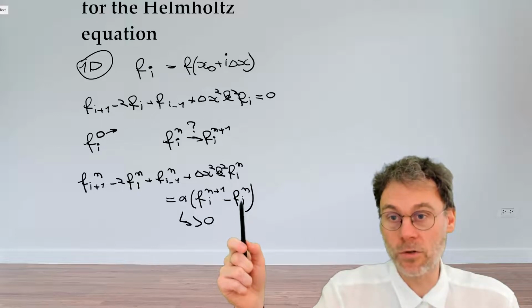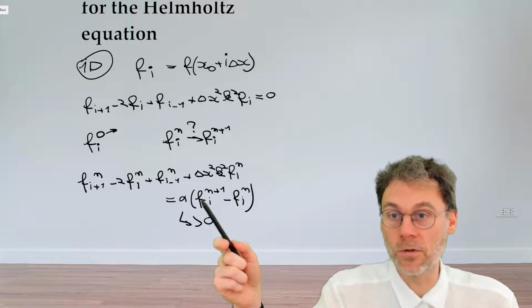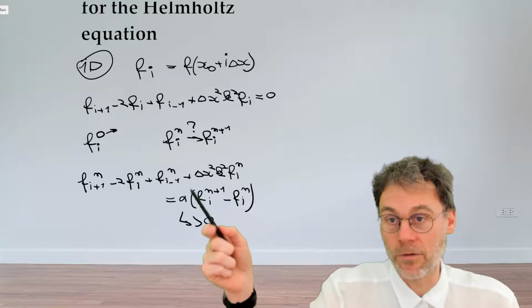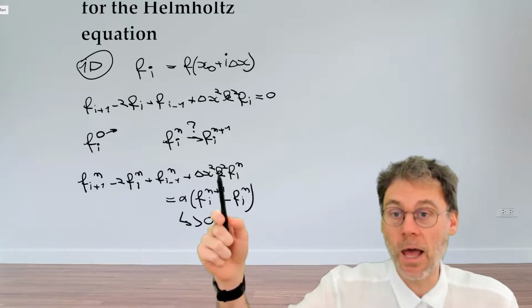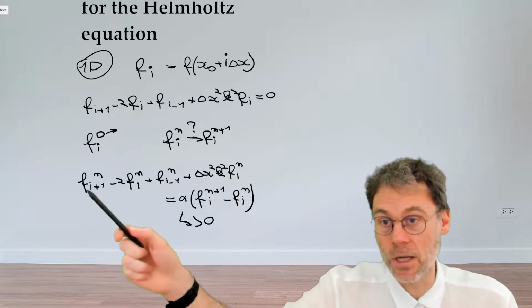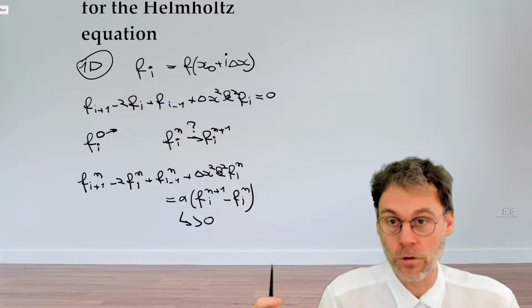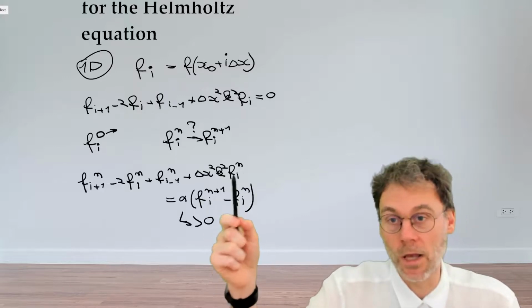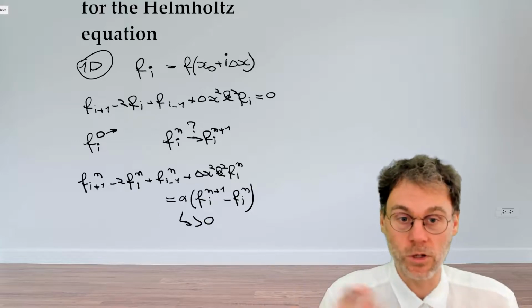If this thing doesn't really change after you do the iteration, then the difference between these two things becomes very small, and in the limit becomes 0. And if this right-hand side is 0, that also means that the left-hand side is 0. And that means that the distribution that you found and that no longer changes is actually something that satisfies the 1D Helmholtz equation. So you can conclude that if the thing converges, if nothing changes anymore, then there's a pretty good chance that you have found a good solution to the Helmholtz equation, which you can then verify.